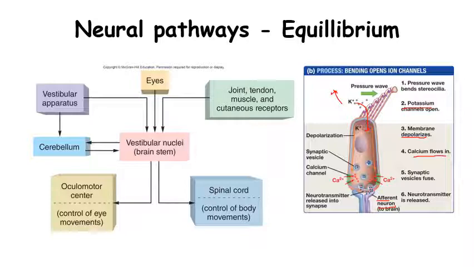And so the neural pathways for this equilibrium, your eyes are part of that too. Okay, it's not just this vestibular apparatus. This gives you one piece of the information. Okay, you also have those proprioceptors telling you where your joints are.